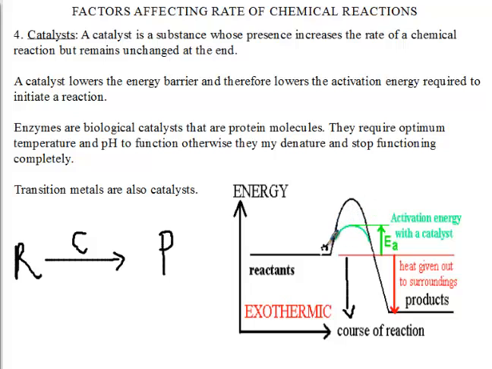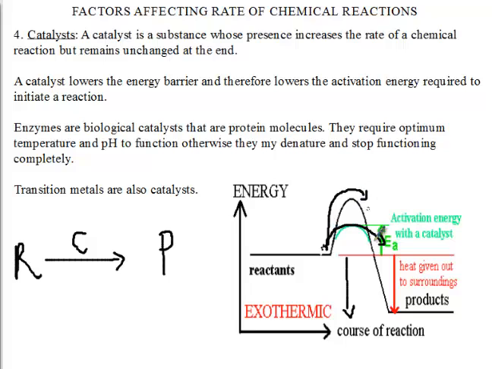So instead of the particles moving all up here, this time around a shortcut has been created, and then the particles will need to move just here before they lose the energy and then they form the product. So the catalyst has reduced the activation energy and then created a new shortcut which most of the particles will be able to have that energy.